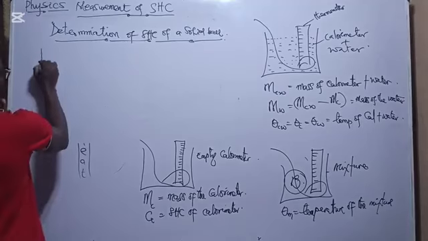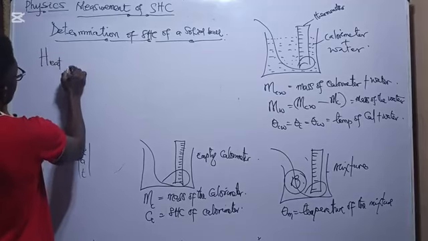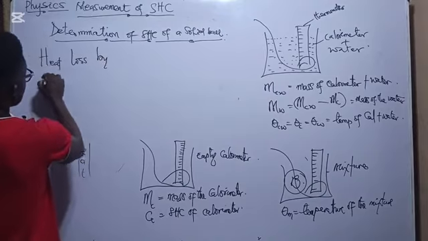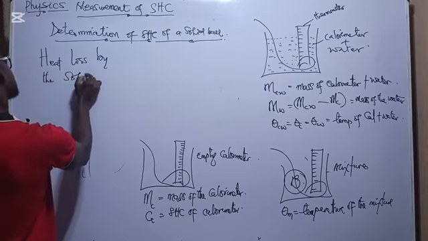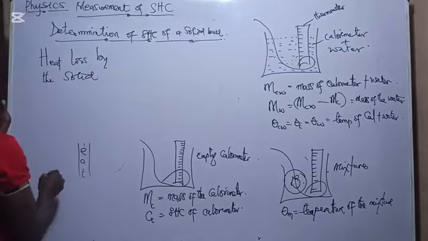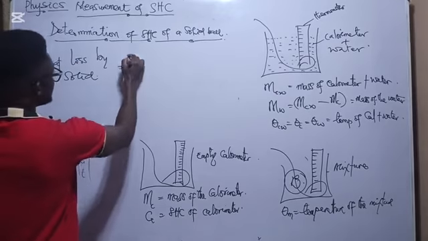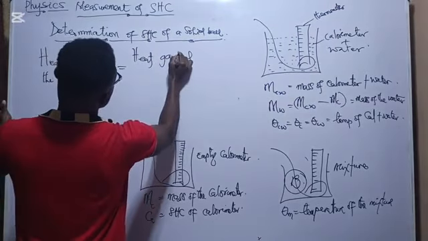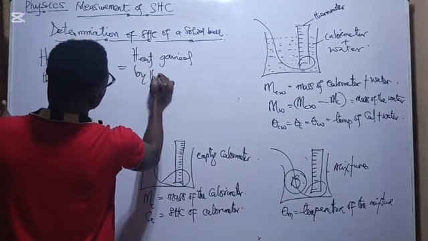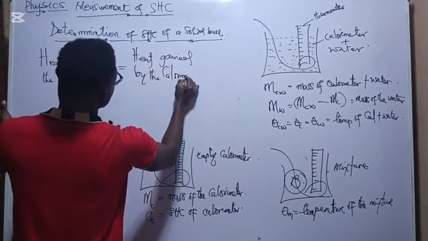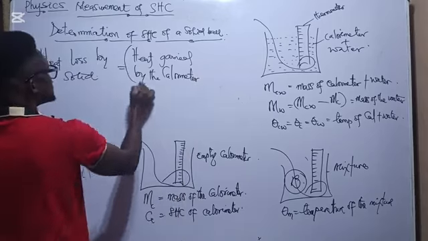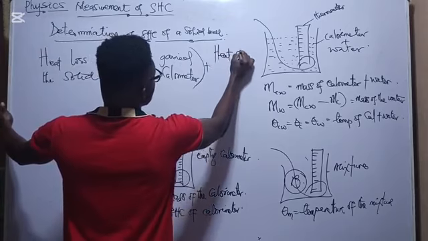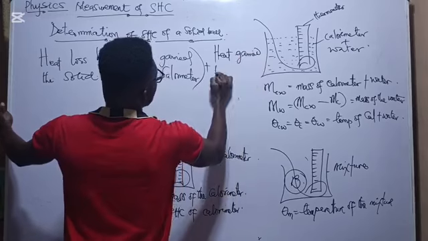So for the conservation of energy in that case, we say that the heat lost by the solid will be equal to the heat gained by the calorimeter plus the heat gained by the water.